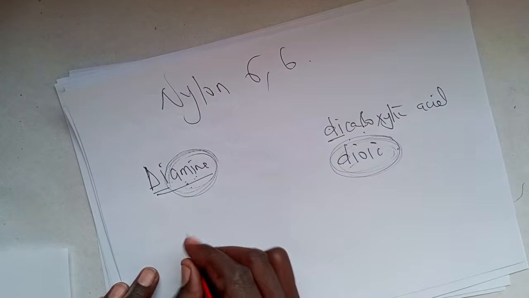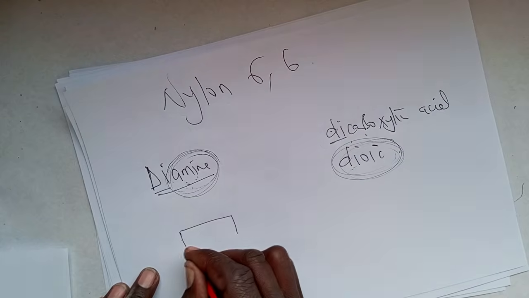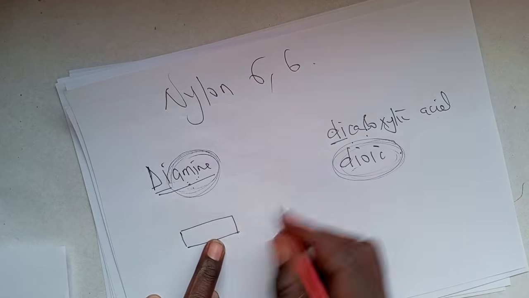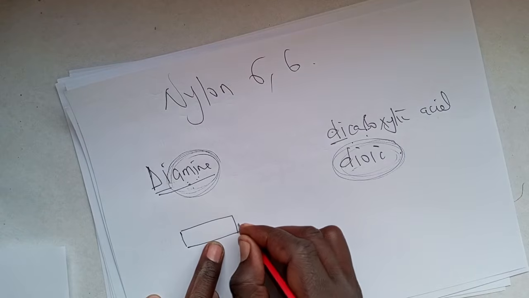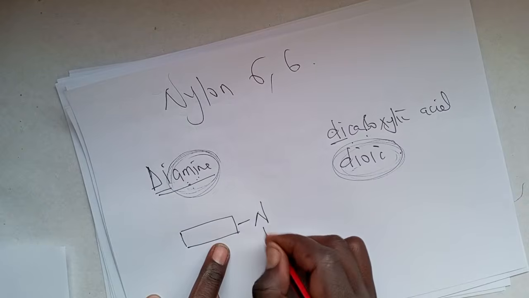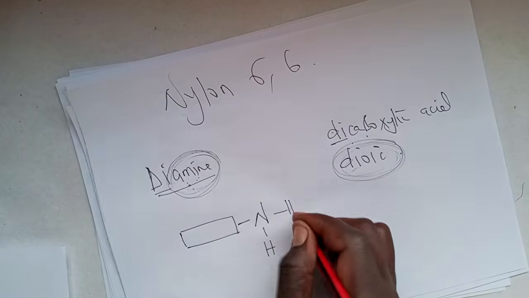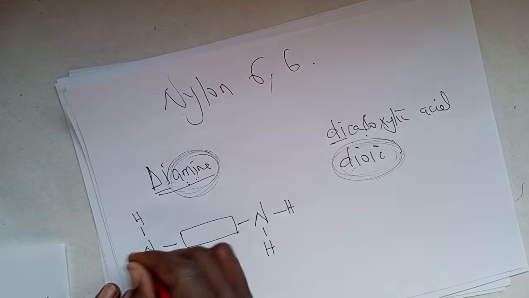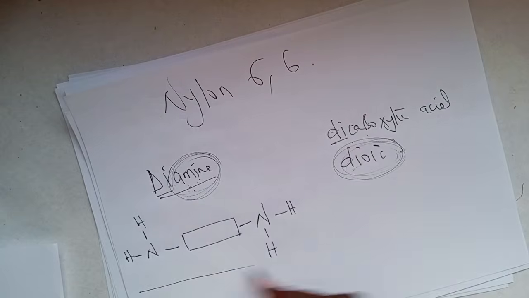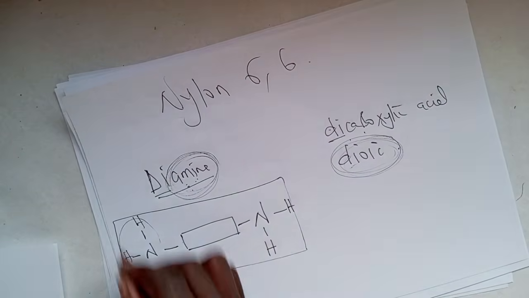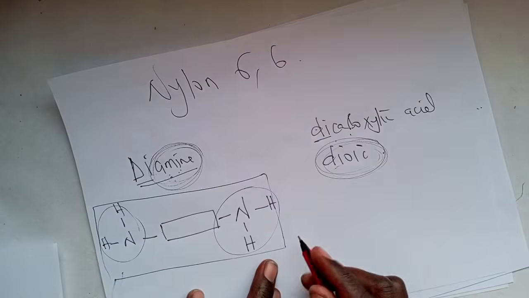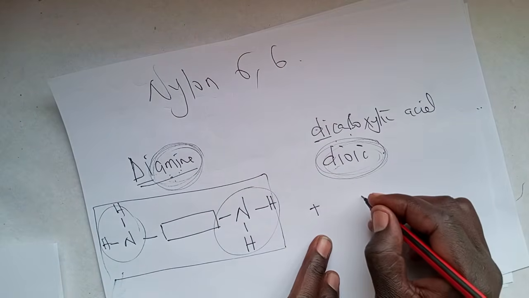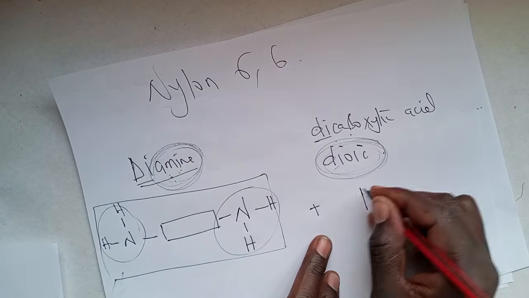Now, we normally use boxes to indicate the 6 carbon atoms. Then we indicate the amine like this, with H2N this side and NH2 this side. This is what we call diamine, because of these 2 amine groups on both ends. This one will combine with a dioic acid.